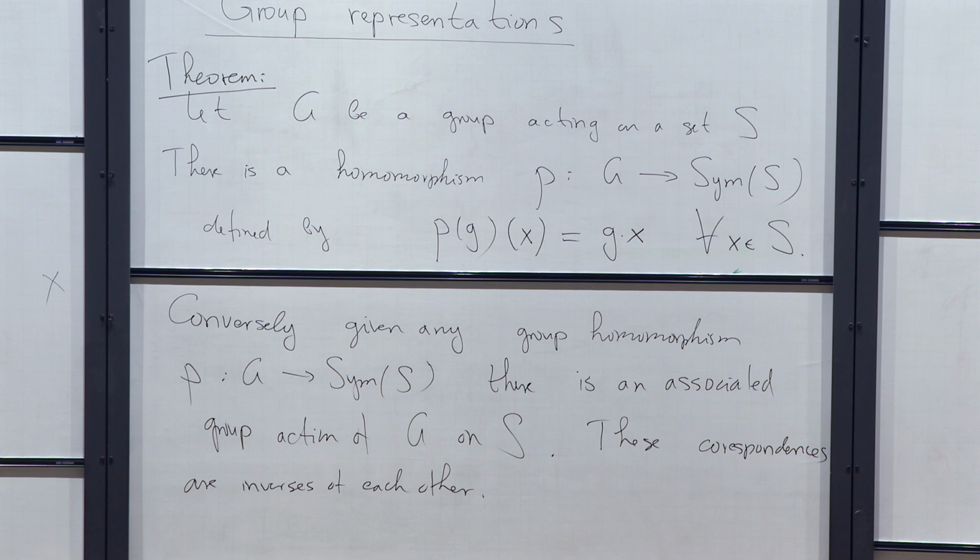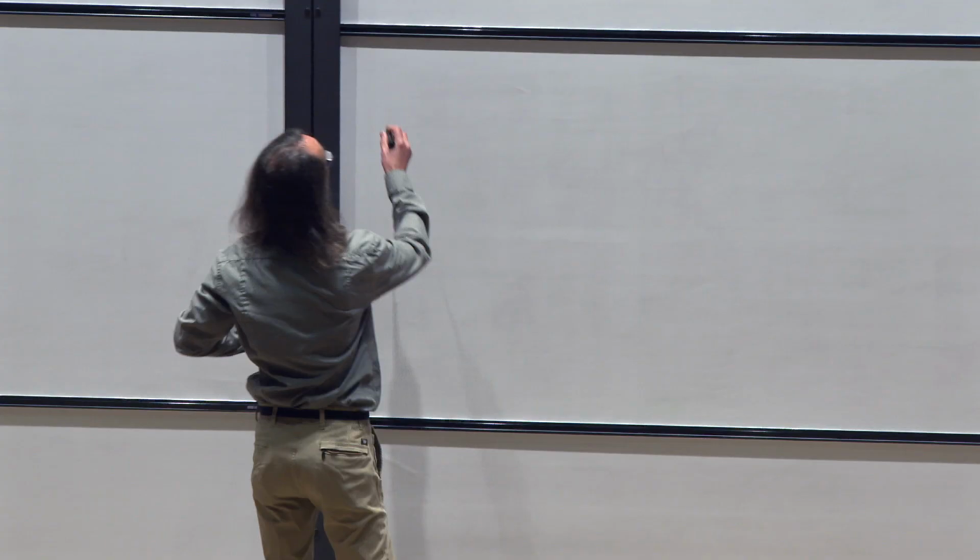The proof, as you're going to see, is quite easy. It follows almost from the definitions. It's more about language, more about the way we think of groups and actions. Sometimes it's better to think of a homomorphism. Sometimes it will be better to think of an action. And I'll give an illustration shortly as an application of this result. But let me prove it first, because the proof is really quick.